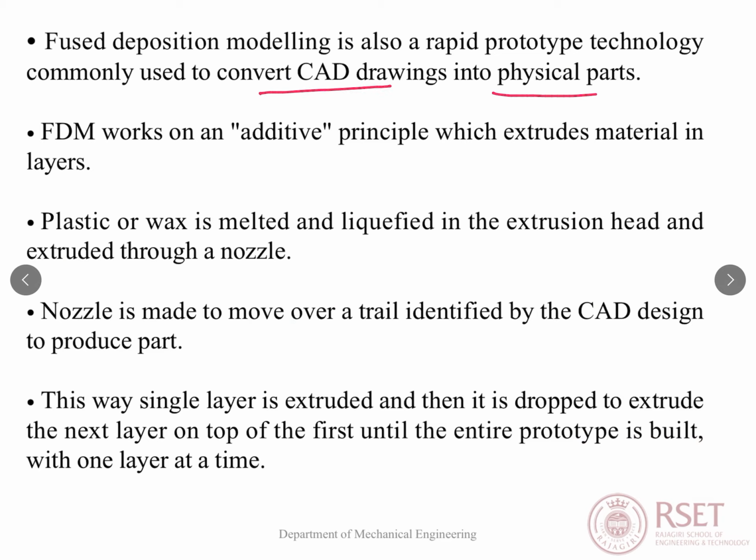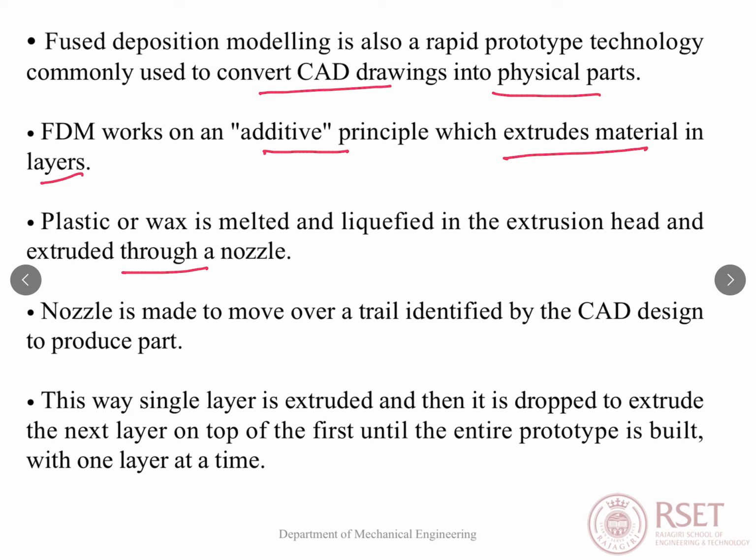Fused deposition modeling is a rapid prototype technology commonly used to convert a CAD drawing into a physical part. FDM works on an additive principle, which extrudes material in layers. So here we are using an extrusion technique, extruding the material through a heated extrusion head. Plastic or wax is melted and liquefied in the extrusion head and passes through the extrusion nozzle.